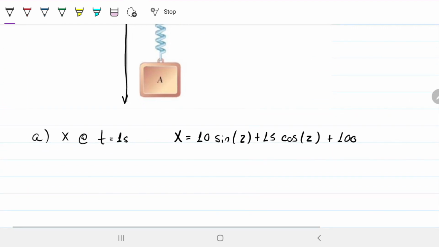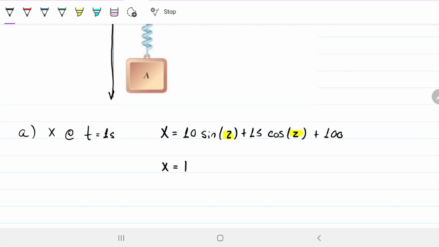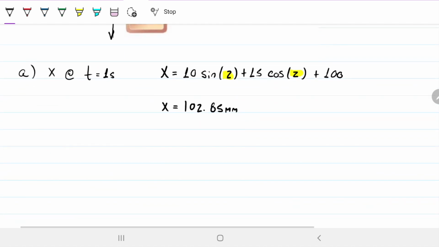Okay, we know that's given in mils, and don't forget that this has to be in radians, or else you're going to get wrong answers. This turns out to be x equals 102.85 mils. Cool.